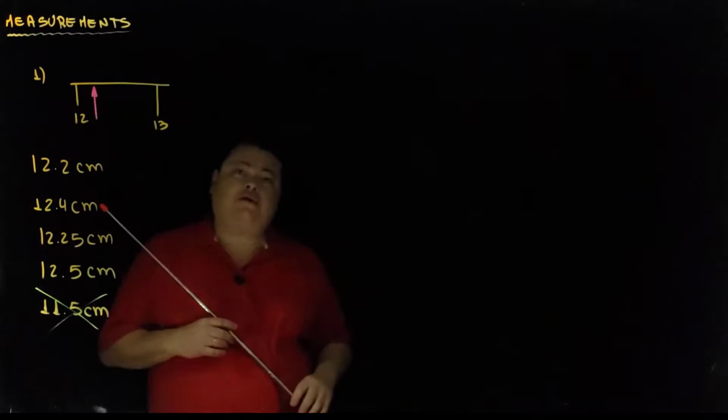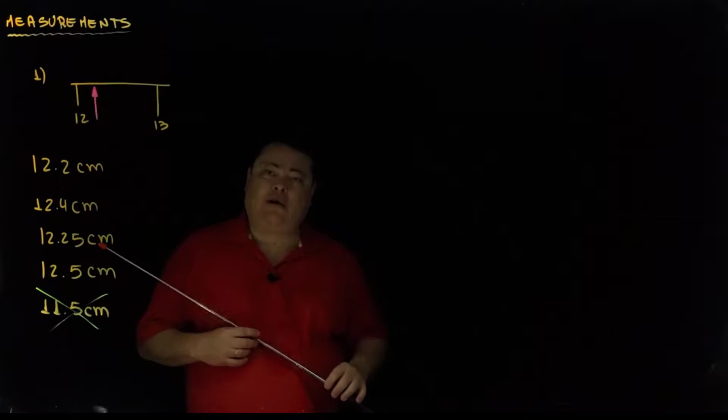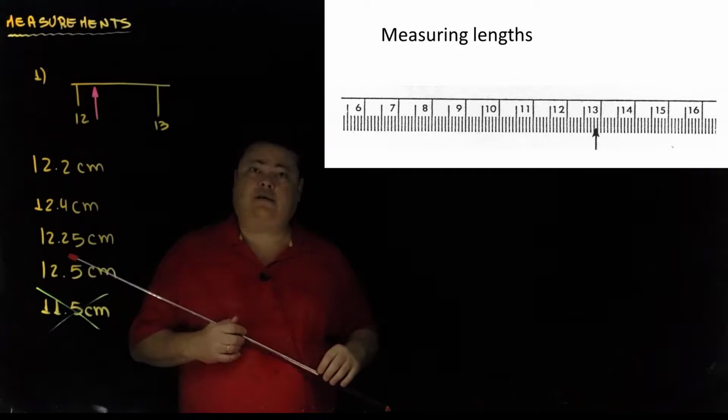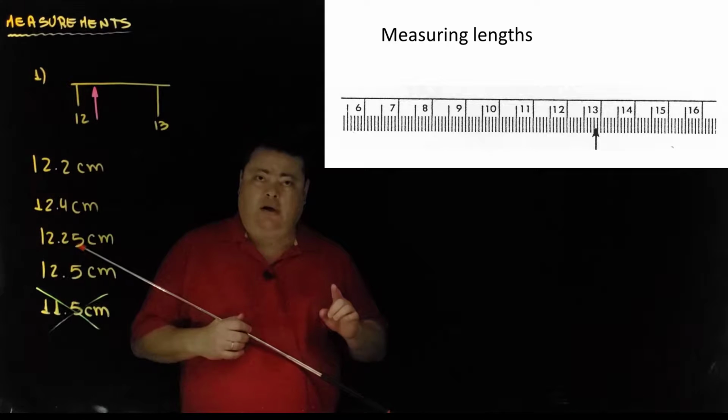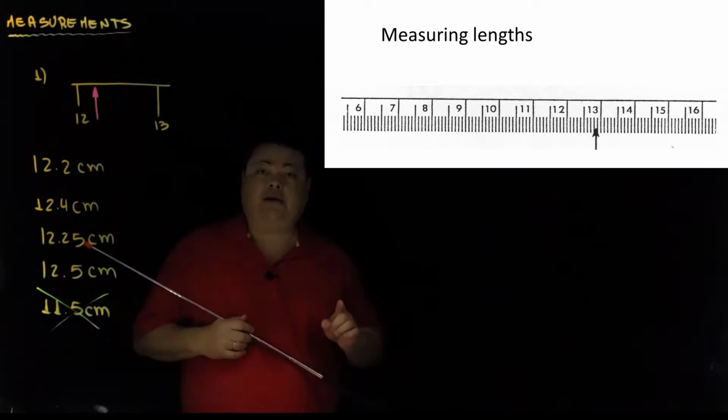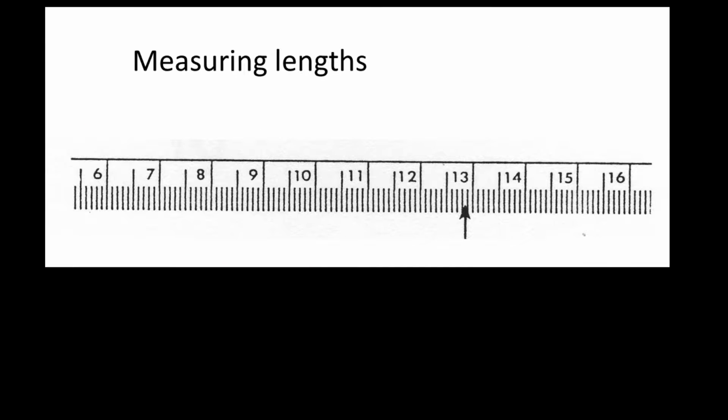Now I want you to consider the second example, the meter stick and the object being measured on this slide. Please, take a reading, again, being as precise as possible, but keeping common sense.